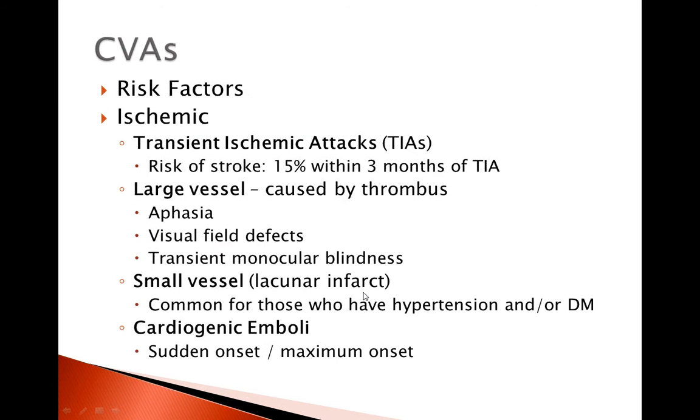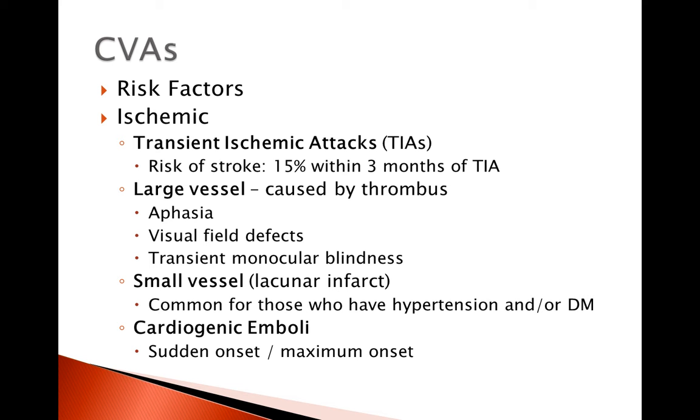All right, backing up to, we're dealing with CVAs, cerebral vascular accidents. The risk factors for CVAs are basically the same as what they are for all other vascular diseases. You can see them listed in table 37.4, so just take a look at those. We have two main categories of cerebral vascular accidents, or again, CVAs are really strokes.